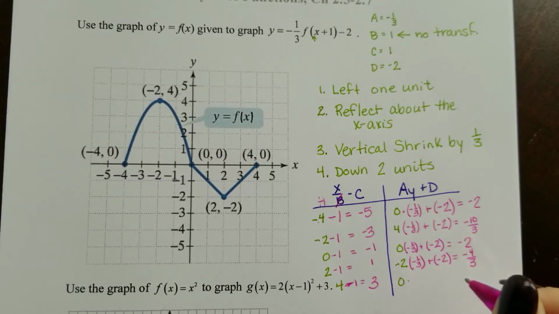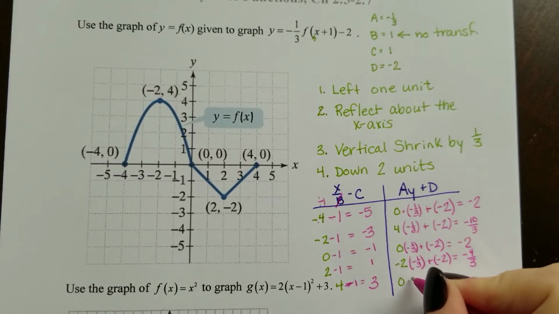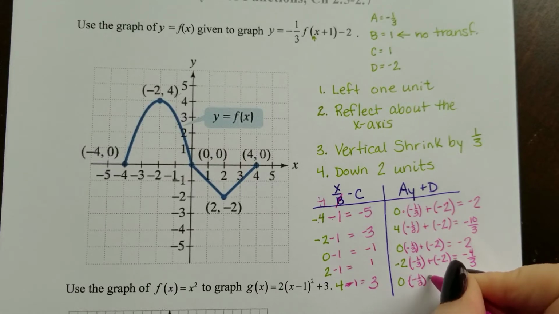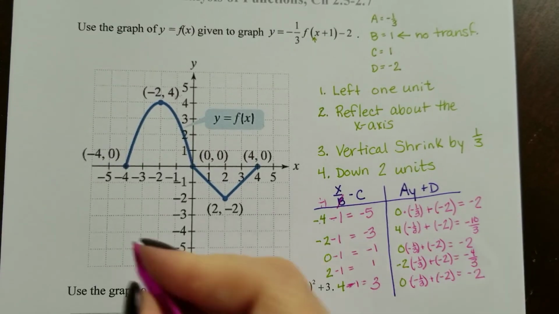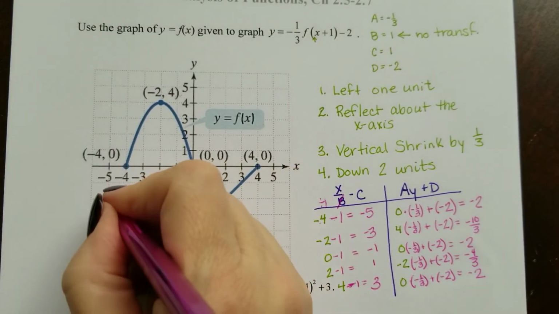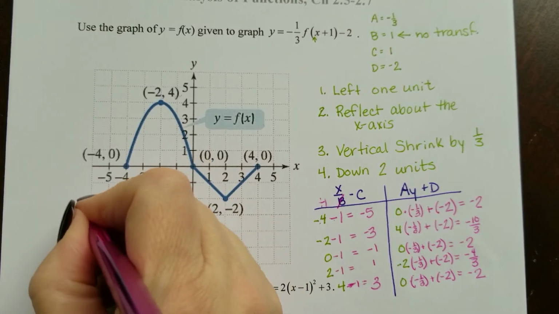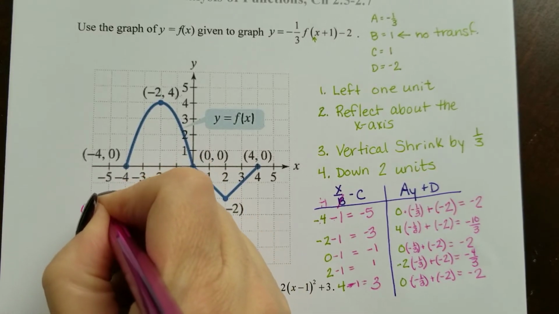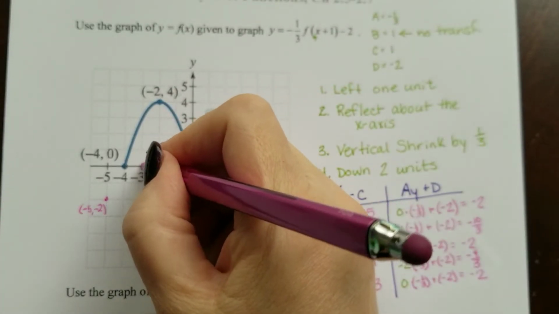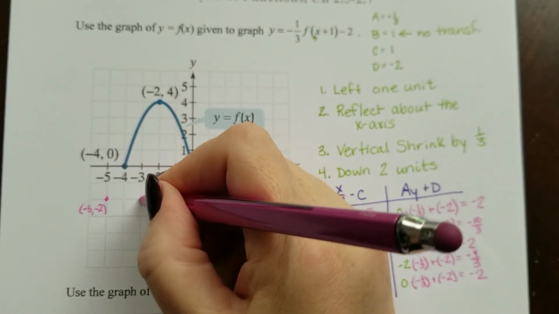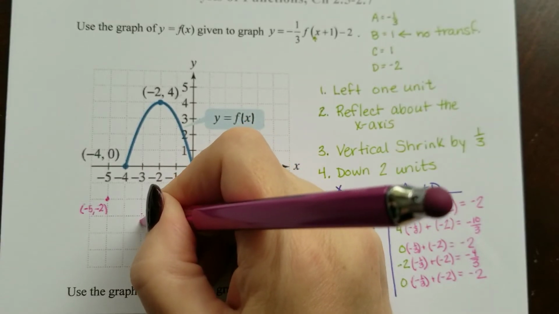And then once again, we have that 0, which is going to be the same as it was before, -2. So these are our new points: -5, -2, and then -3, -10/3, 10/3 is about here.